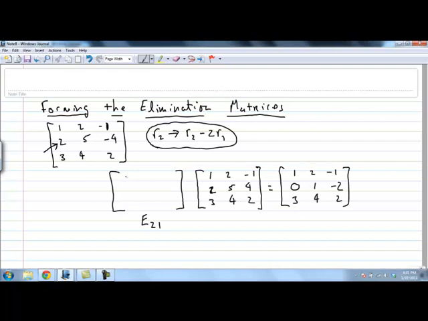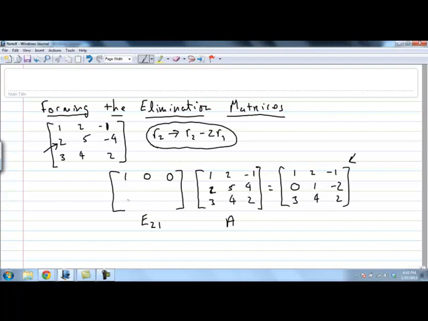Now, since our first row didn't change, the first row of E21 would be the first row of an identity matrix. Notice that as we perform the multiplication of this row into each column of A, we only get the element from the first row, and that's what forms the first row of our result, this row.